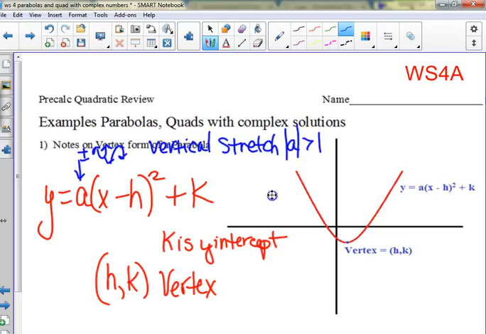Does it make it skinnier or wider? Yes, it goes up and down faster, so it will appear skinnier. And an absolute value of A less than 1, like a 1/2 or a 1/3 or a 1/4 or a 0.8, make it appear wider because it actually goes up and down slower. It's like somebody sat on it.